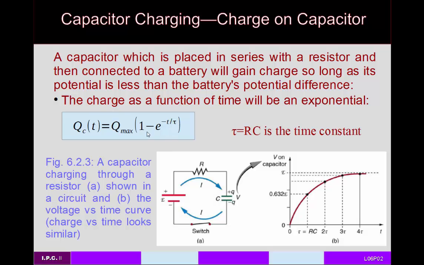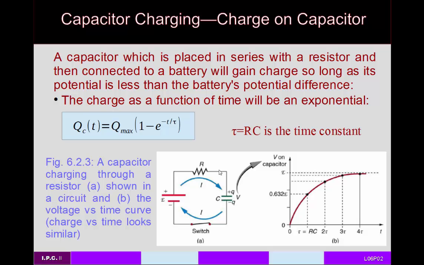So that's where the tau comes from. Q max is the maximum amount of charge that can be stored on each plate of this capacitor when being charged by this battery. So what is Q max actually equal to? Well, it's equal to the capacitance times the EMF of the battery.